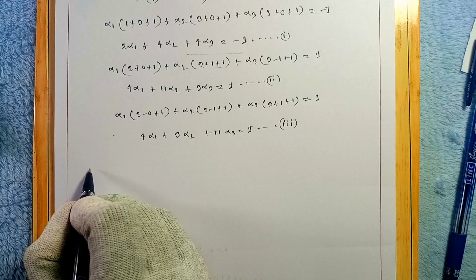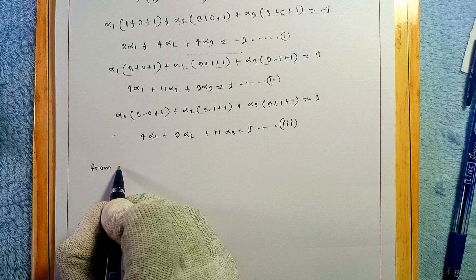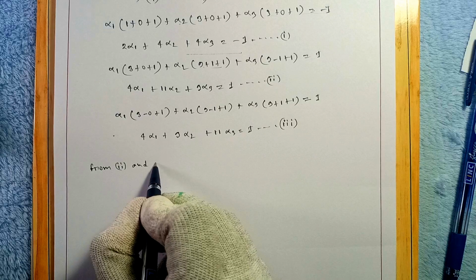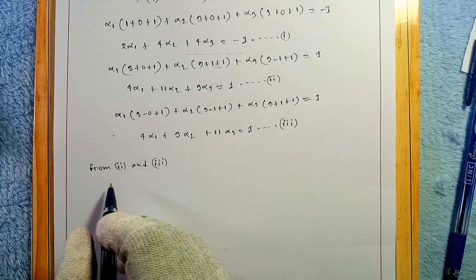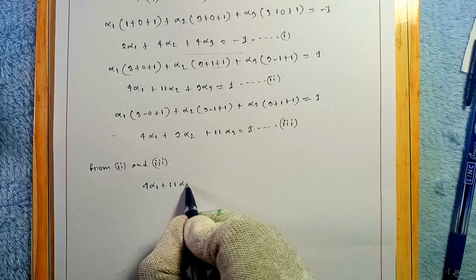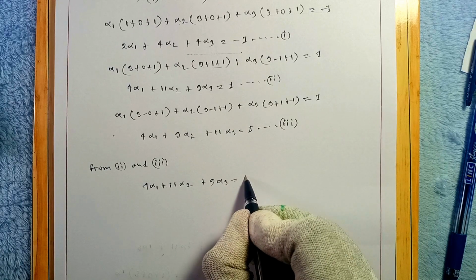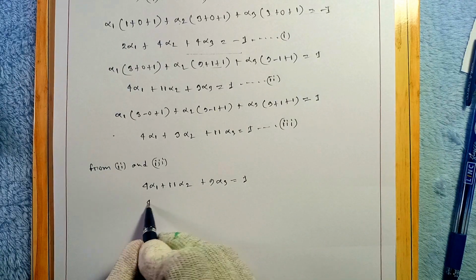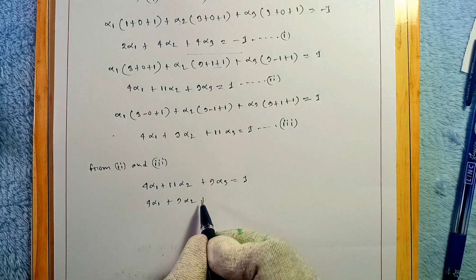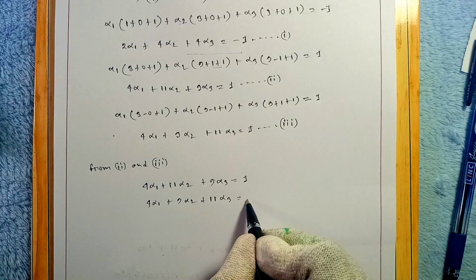So from 2 and 3, the values are 4 alpha 1, 11 alpha 2, 9 alpha 3 equal to 1, and 4 alpha 1 plus 9 alpha 2 plus 11 alpha 3 equal to 1.